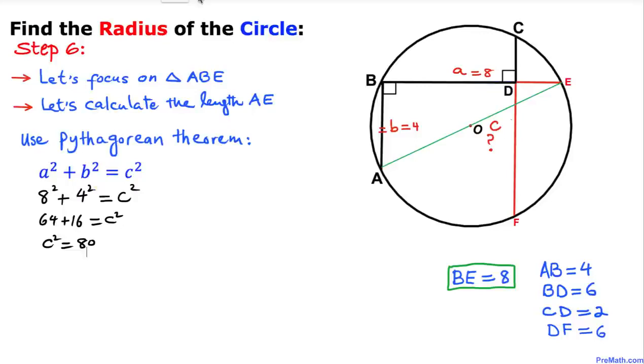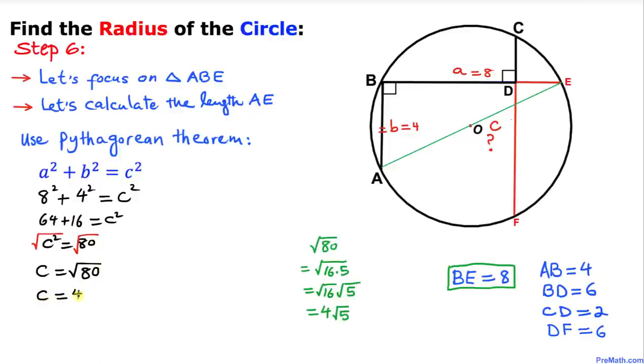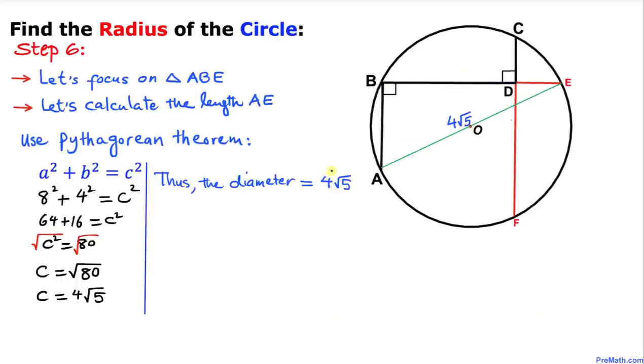Let's take the square root to undo this square. So C turns out to be square root of 80. So our C could be written as 4 times square root of 5. If you can see over here, I simplified it. So thus our diameter turns out to be 4 times square root of 5.